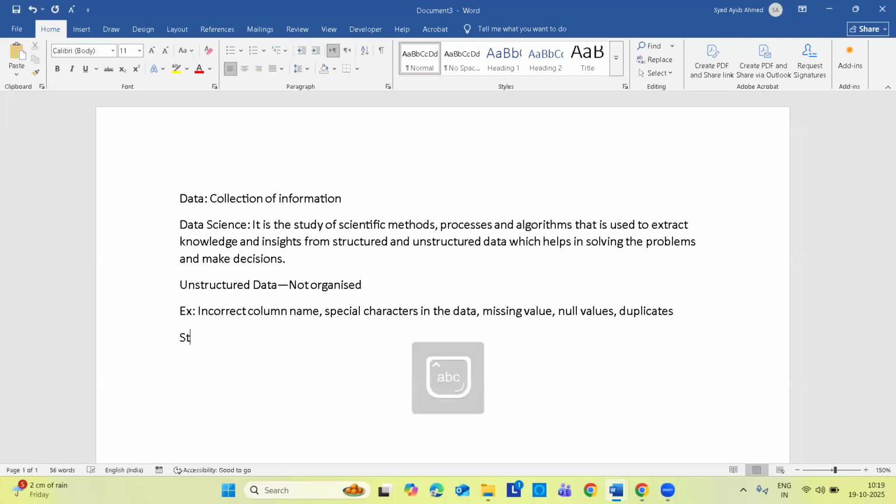Next is structured data. This is organized. For example, plain data.